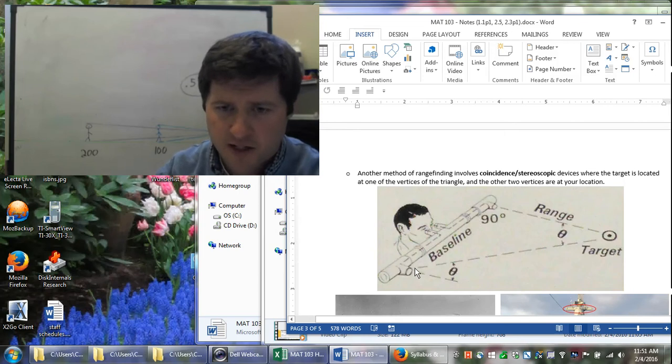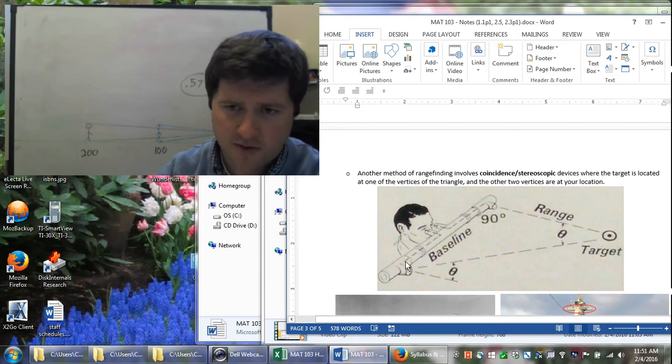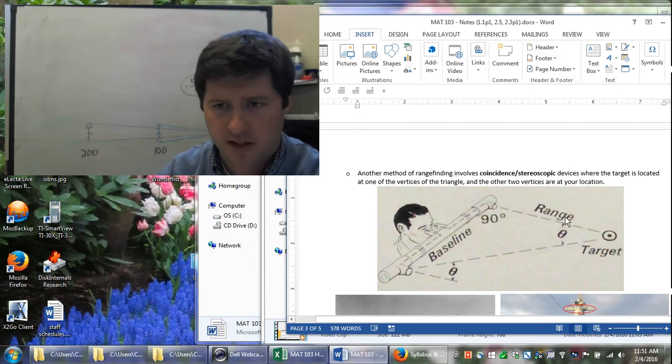Because the next step, remember, we need to multiply that by 2. That only gives us half of our angle. We need to know the full angle there. So it's that times 2. So 2 times theta.